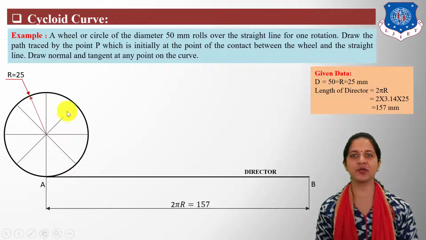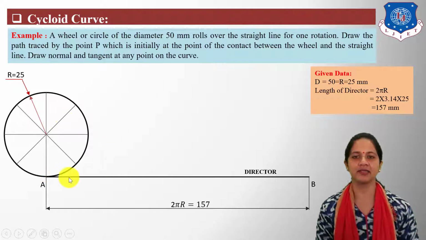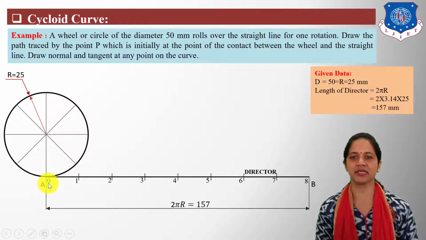Next, divide this rolling circle into equal 8 parts at 45-degree angle. Next, divide this director also into equal 8 parts. Mark here division points as 0, 1, 2, 3, 4, 5, 6, 7, 8.